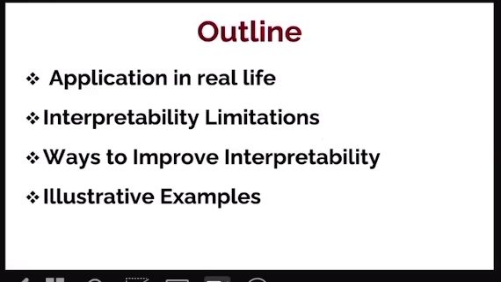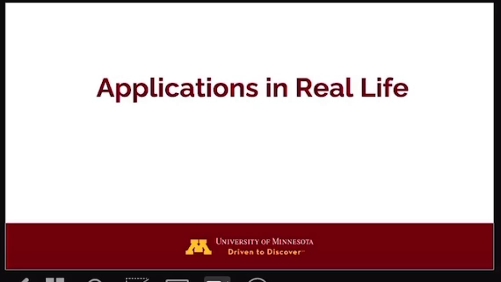I'm actually going to walk you through the interpretability limitations in this lecture, and how we improve on the interpretability. Then I'm going to walk you through some illustrative examples. Now, application in real life.